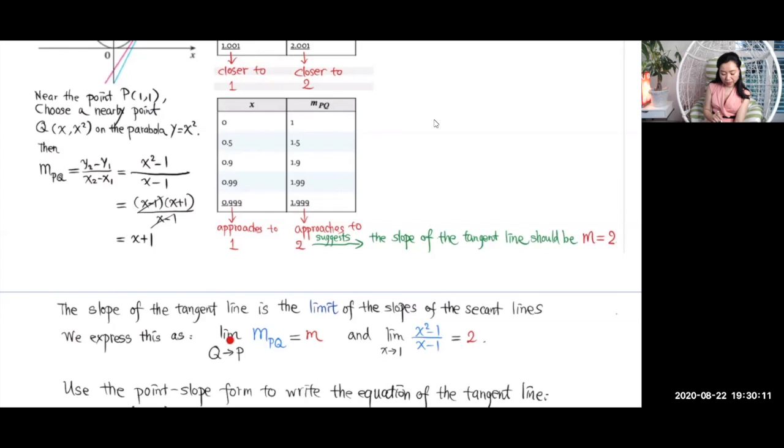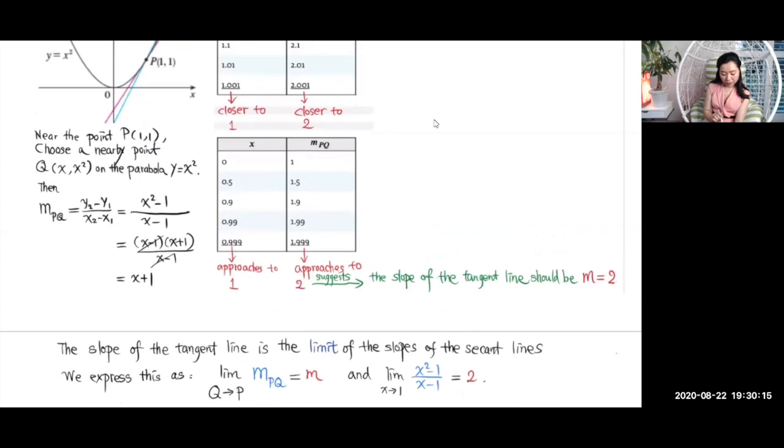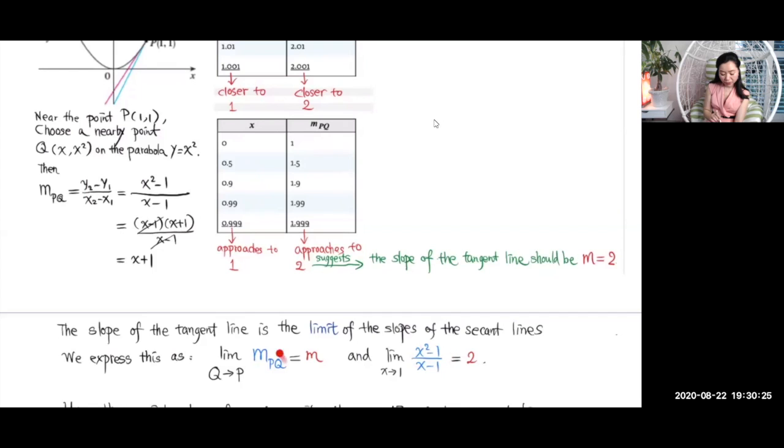You say the limit of the slope for the secant line PQ as Q gets closer and closer to P along the curve is equal to the slope for the tangent line m. And since the expression for the slope for the secant line PQ is x plus 1, we say the limit of that is equal to 2. The slope for the tangent line is equal to 2.